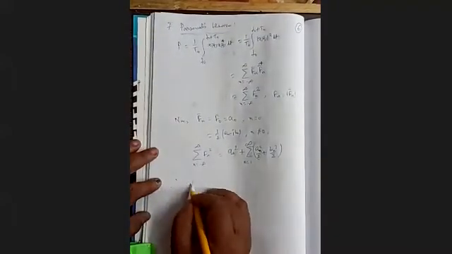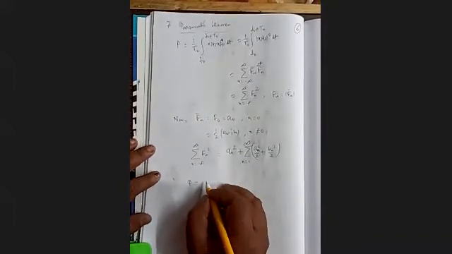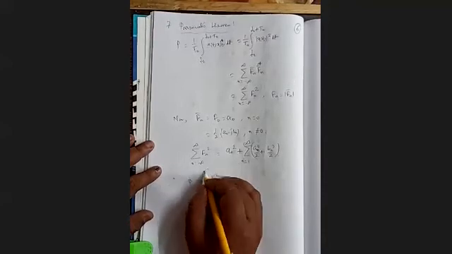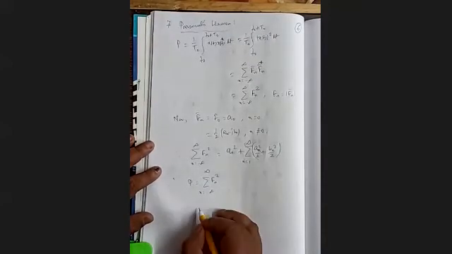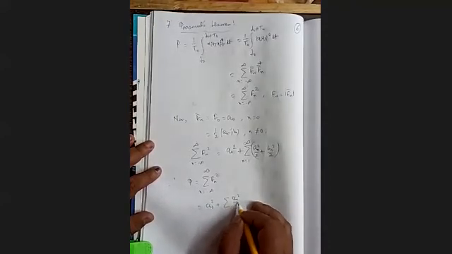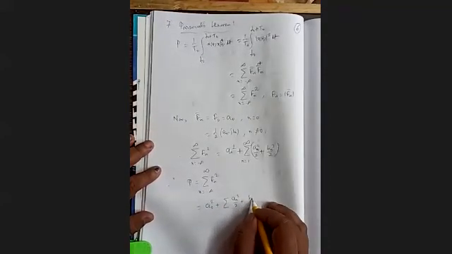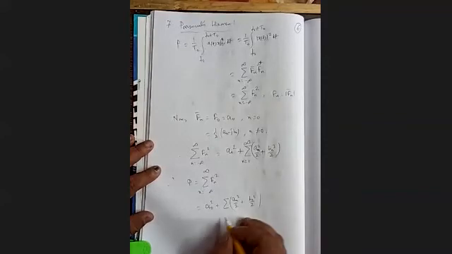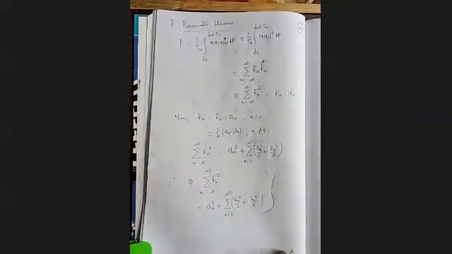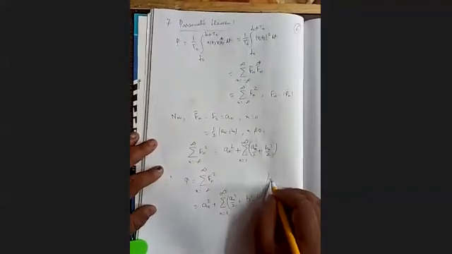Therefore, the power of a signal can be written as summation Fn square this way, or a0 square plus summation of an square by 2 plus bn square by 2. Two expressions. This is called Parseval's theorem.